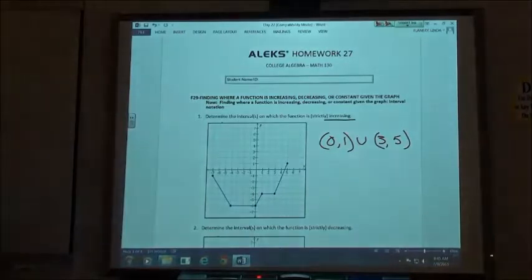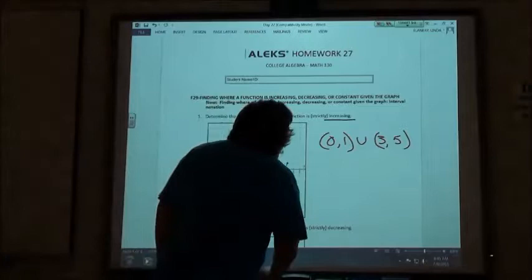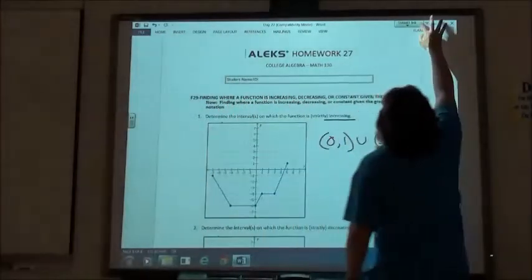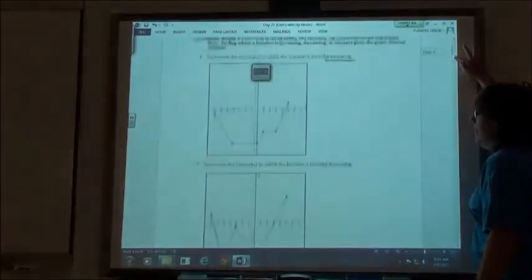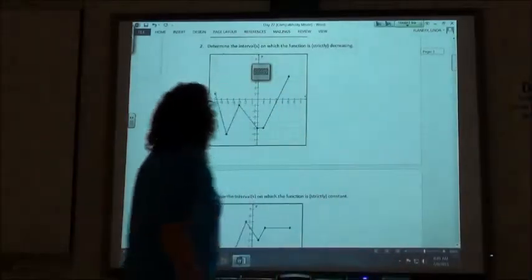I always just use a parenthesis. It's just whoever's philosophy it is. Some people say the endpoint can't increase or decrease, so they just use a parenthesis. So it would look something like that. Alex will take it either way. If you put the bracket there, it'll still count it right.